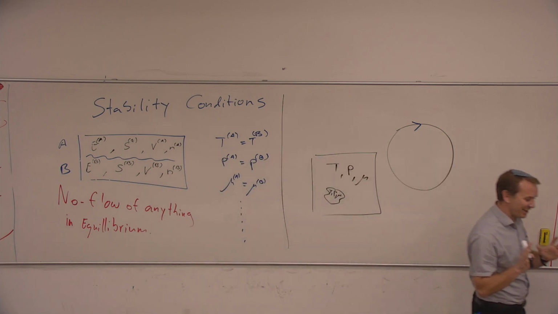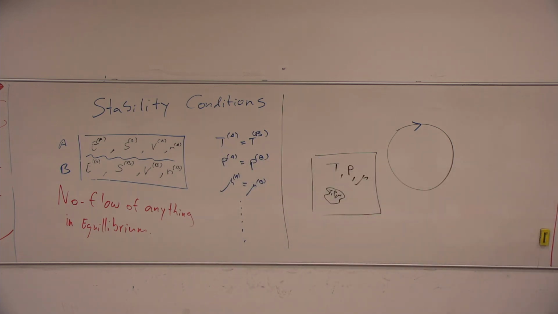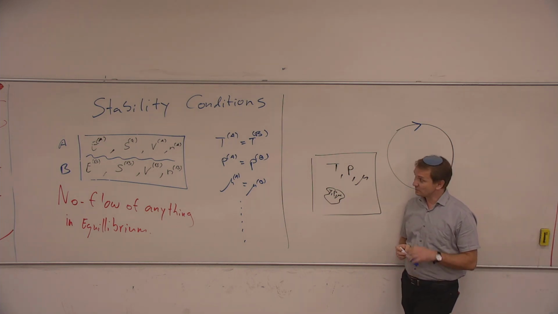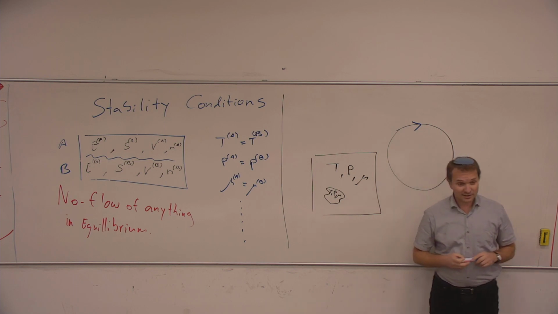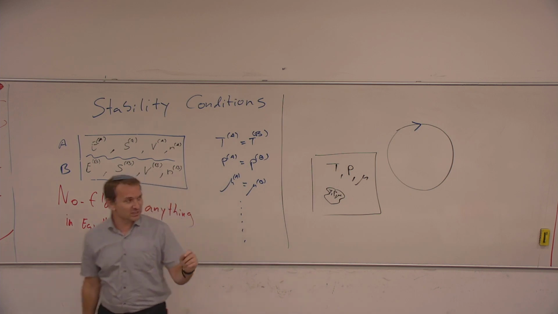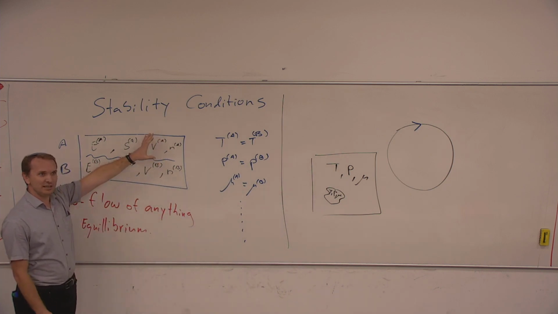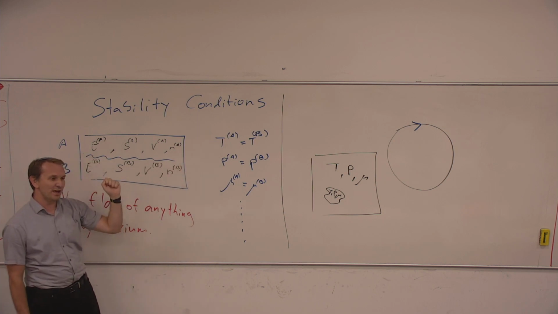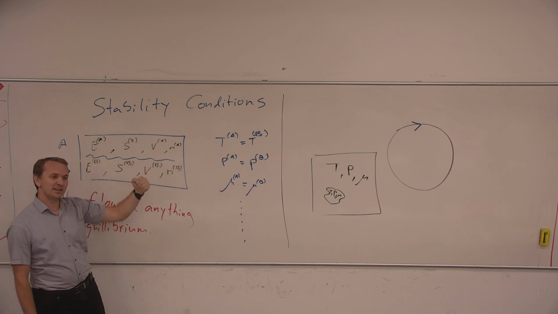No. I don't understand what you're saying, that in equilibrium those intensive parameters are equal. But you also said that this is the stability condition. Okay, this is how they call it. Maybe you're referring to this: if I shift something a little bit to the left or to the right, it should stay at the same position.